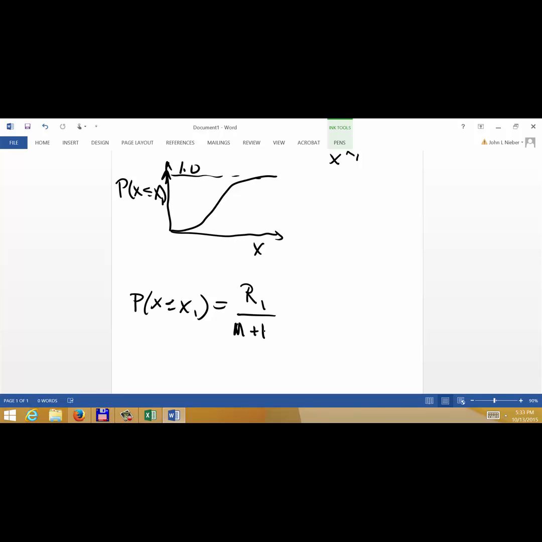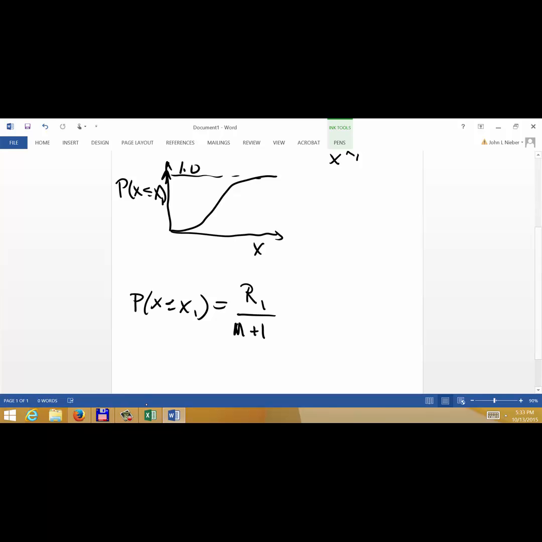We take the data and we sort them from smallest to largest, regardless of which year it occurs in. R would be the rank of a particular value in that arrangement, and capital M is the number of values that you have.